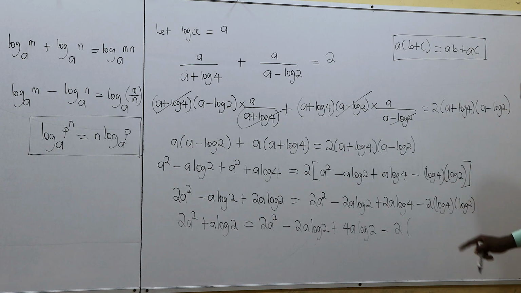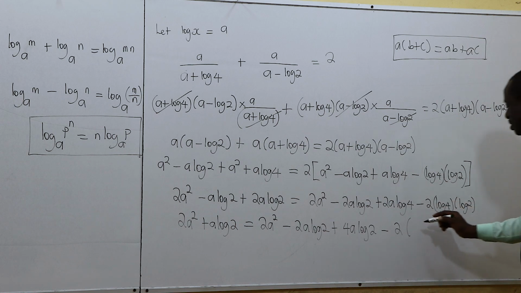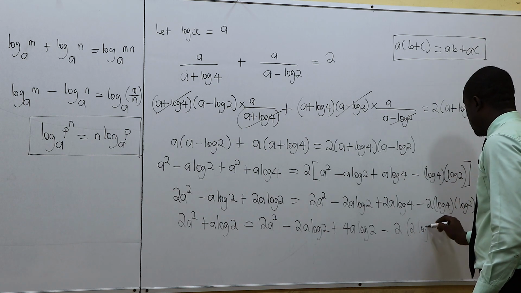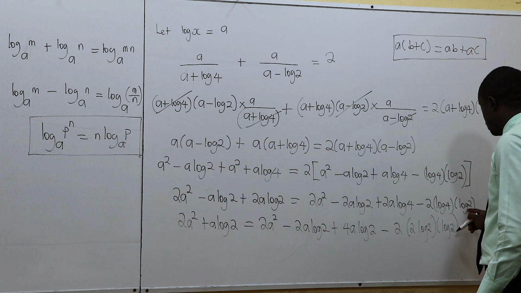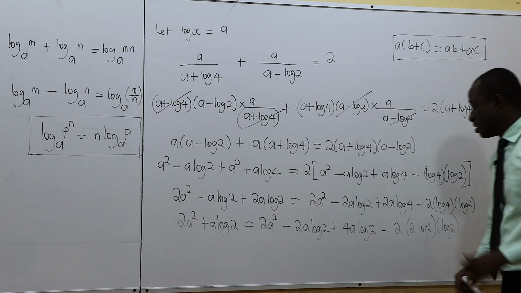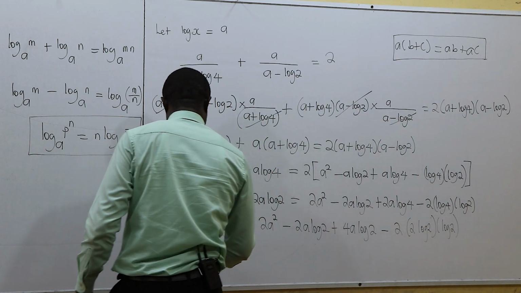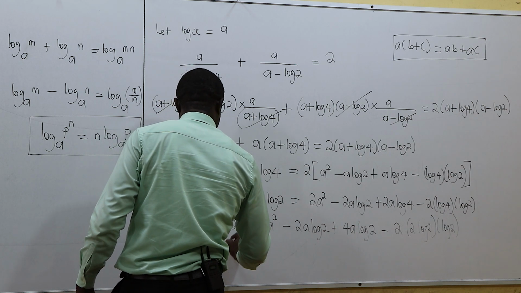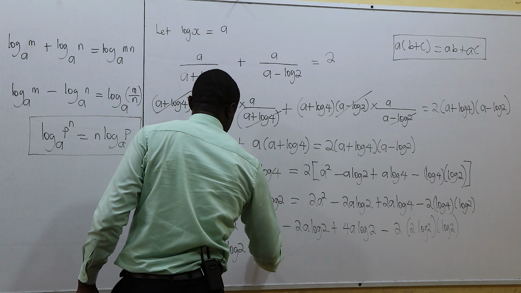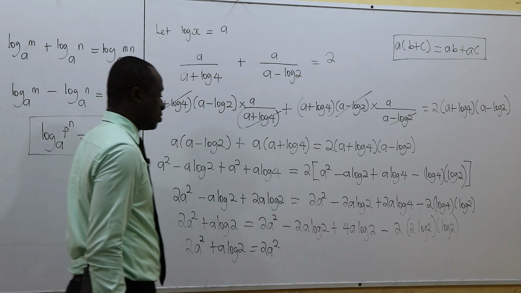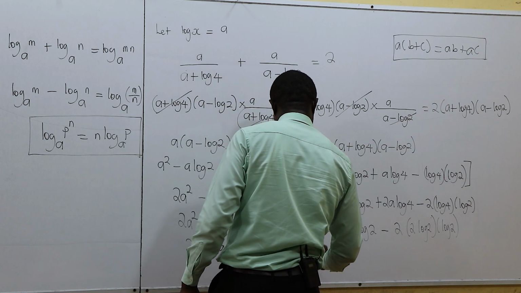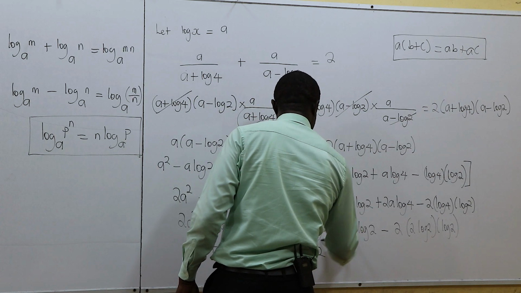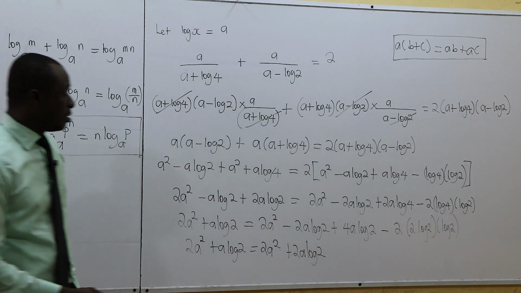Now look at this one. Log 4 we can change to log 2, that's 2 to the power 2, and then the 2 will come down, so we have 2 here, and log 2. We have another log 2. Alright, 2 times this, that's 4. So we have 2a squared plus a log 2 equal to 2a squared, negative 2a plus 4a, that's plus 2a log 2, this and this, plus 2a log 2.